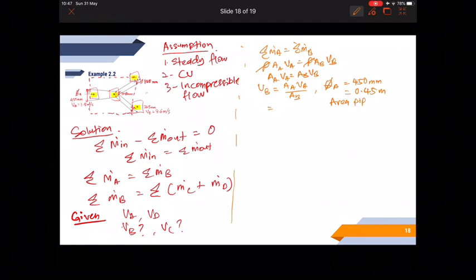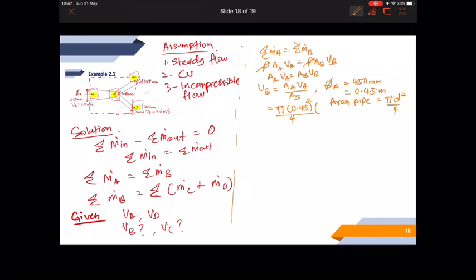Area pipe, it's always pi d squared over 4. So you write it down for area A equal to 0.45 to the power of 2 over 4 times VA, given VA 1.8 meter per second, divide by AB.